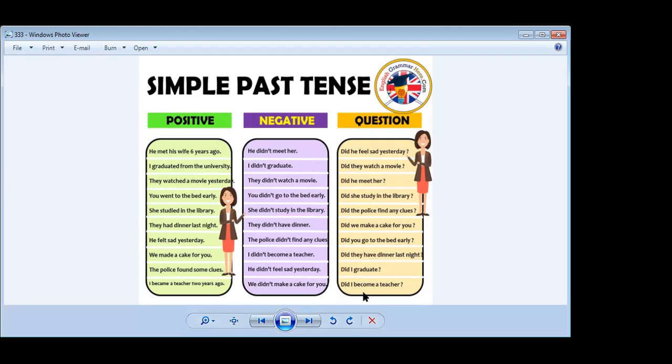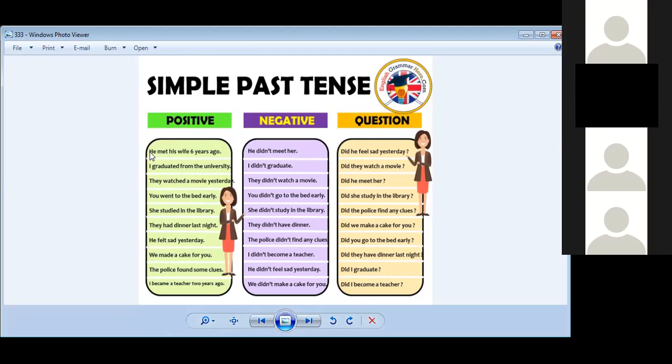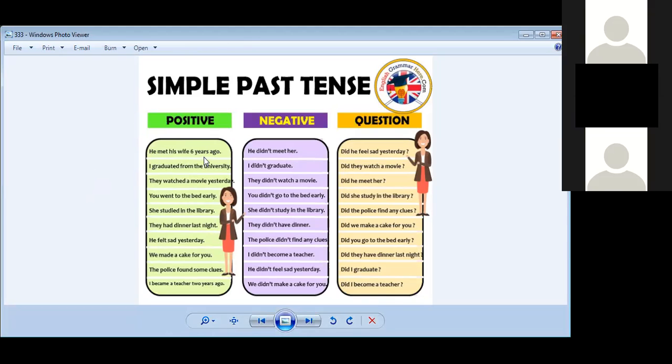So, let's repeat the general idea of the rule. So to make it positive, you have to use subject, verb two, complement. The verb two in the past tense is either regular or irregular, okay? In the regular, we add ed. In the irregular, we have some changes that happen in the verb, okay?